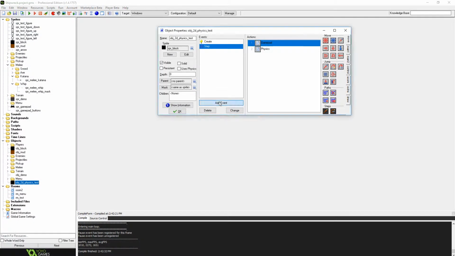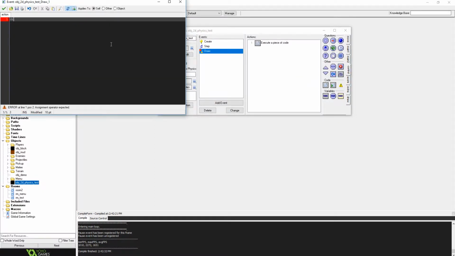Let's try this. Okay, so draw text, x plus 10, y plus 16, and then string force. No, we'll do force plus string angle.